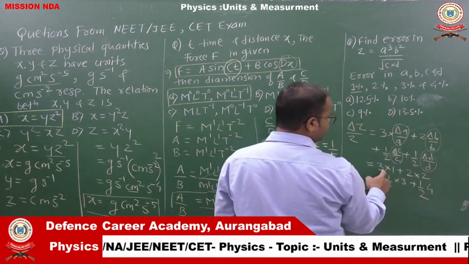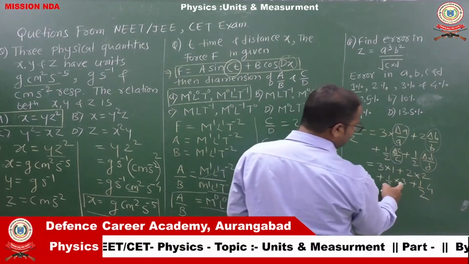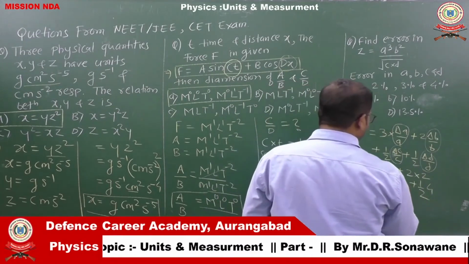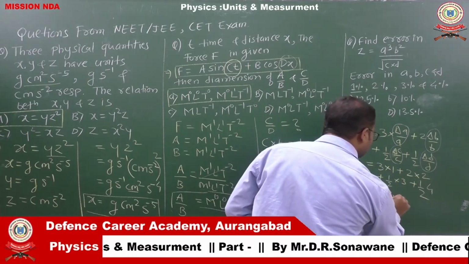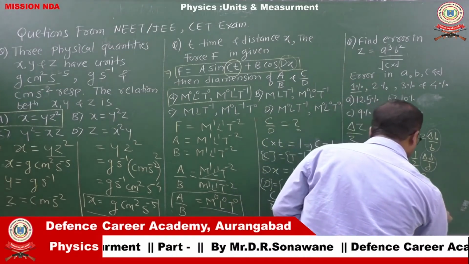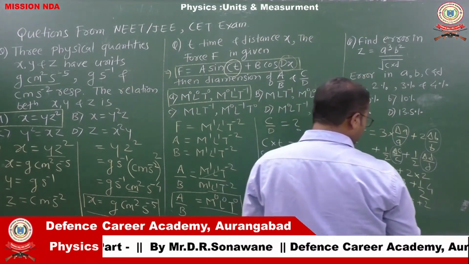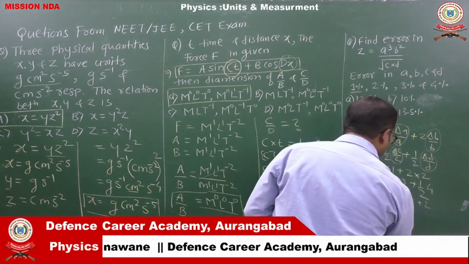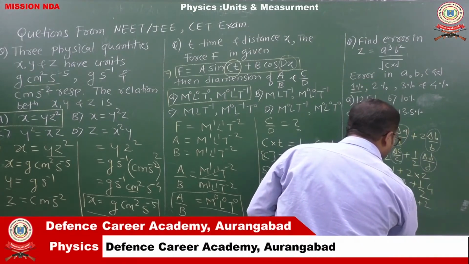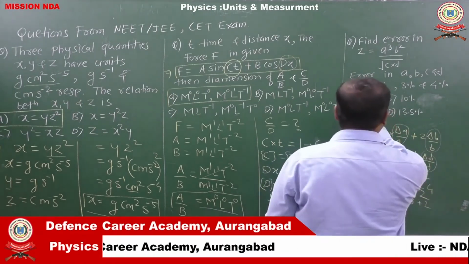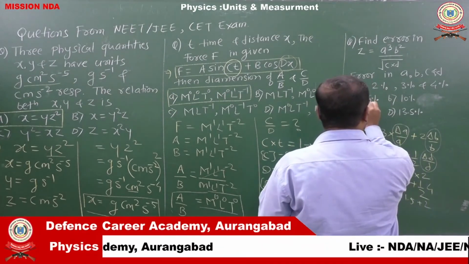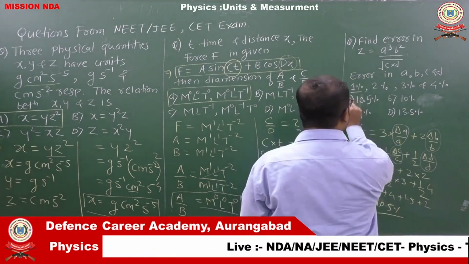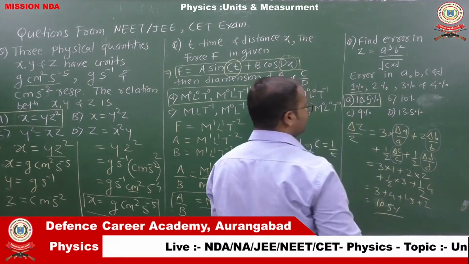So the value will be 3 plus 4 is 7, 7 plus 1.5 is 8.5, 8.5 plus 2 is 10.5. This option is actually given, 10.5. So 10.5 will be the percentage, and this will be the answer to your question, right?